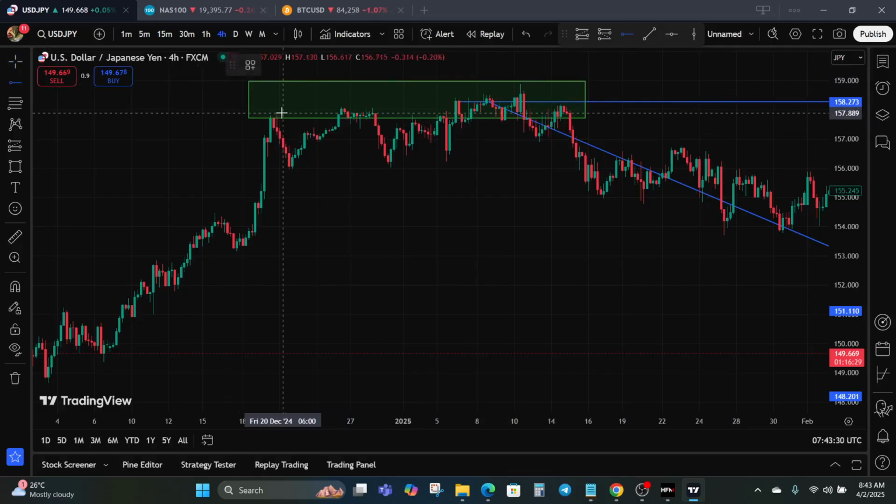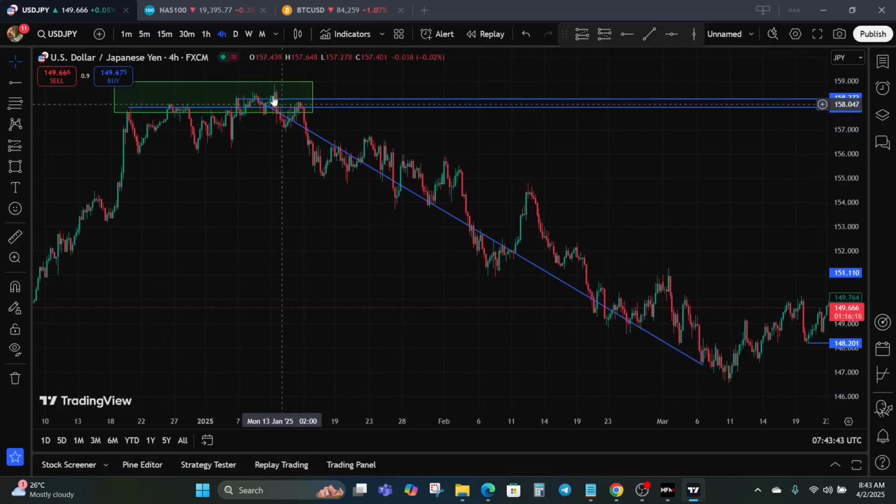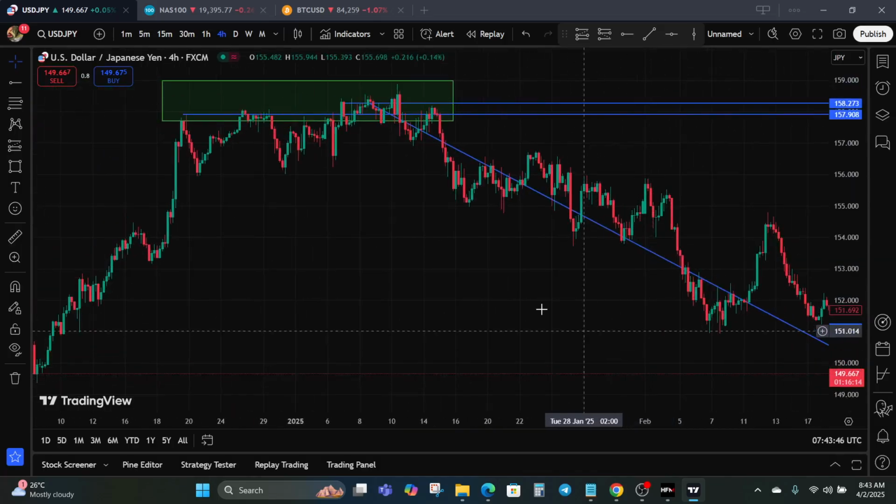So if you notice that you have a resistance around a particular point, price got rejected 1, 2, 3 times around that point, and then suddenly you see a breakout, and then shortly afterwards you see a reversal with a massive move, then it's possible that there were big players at work.